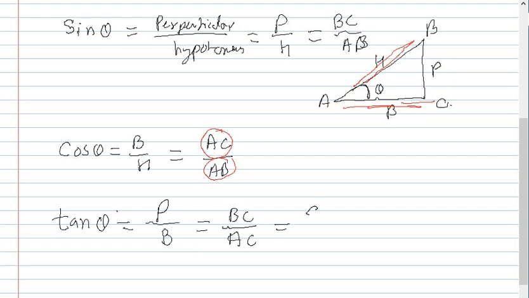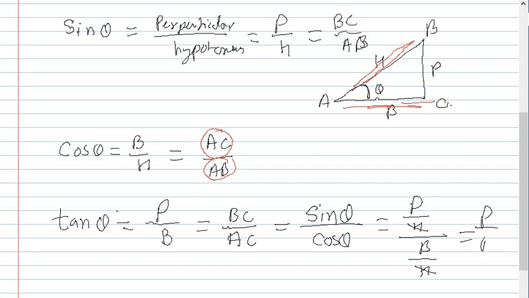Further, this is also written as sin theta upon cos theta. You can use any of these. So what is sin theta? P by H. And what is cos theta? B by H. H cancels, and what remains? P by B, which we have written earlier.